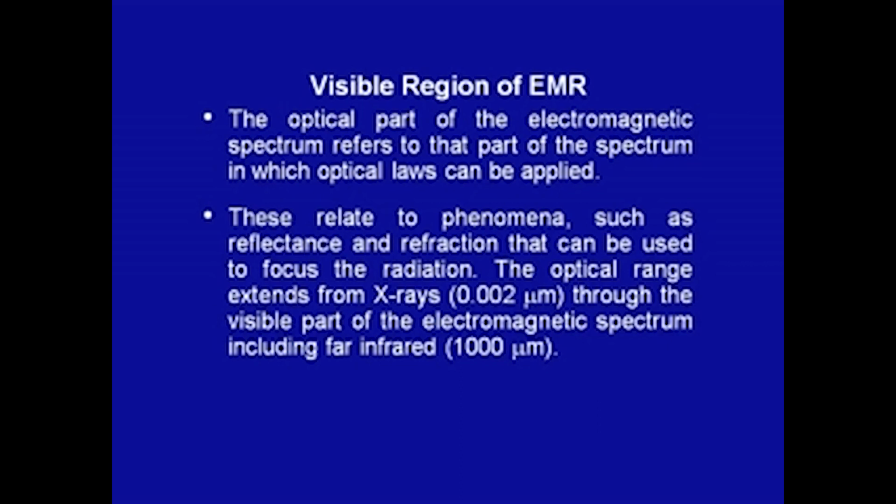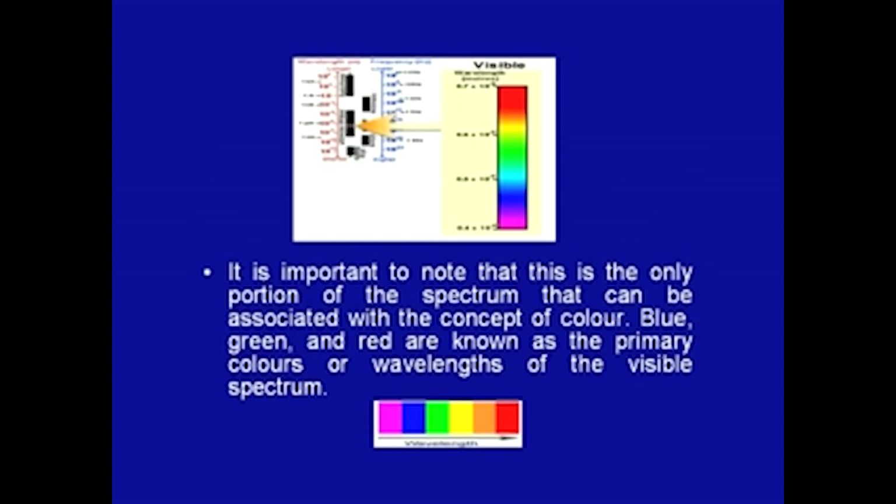The optical range extends from X-rays, that is 0.002 micrometers, through the visible part of the electromagnetic spectrum, including far infrared, that is at 1000 micrometers. Here we can see the range at which the visible portion of the electromagnetic spectrum, the various wavelengths and the frequencies at which it emits energies.